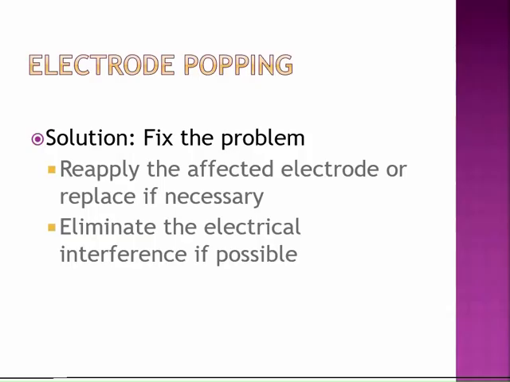But again, you have to weigh the importance of, is it worth waking the patient up with the potential detriment to the study. And for the most part, when I see electrode popping, it's not worth waking the patient up for. It's worth checking on if they wake up on their own, but not waking them up just for that, unless it's to the point that it's happening so much that you cannot read your signals underneath it.